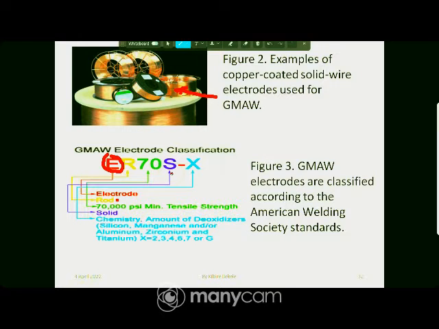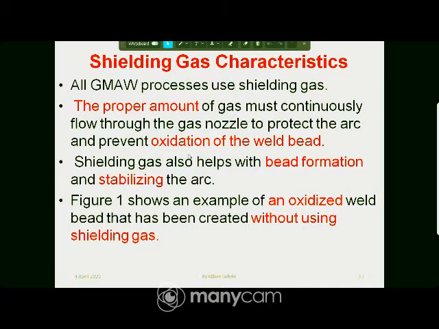This S indicates the solid type electrode, which means it's not a core type. And then there is the X, which indicates the chemistry of the electrode. So this designation is also very important for selecting the best electrodes. This figure shows the electrode designation.